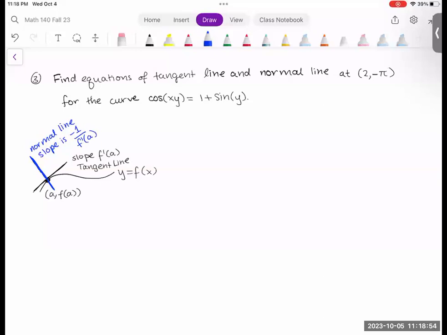We build this in the same way as a tangent line: y minus y1 equals our slope, -1 over f prime of a, times x minus x1, where x1 is a and y1 is f of a. So this is our basic picture of what we're going to be asked to do.